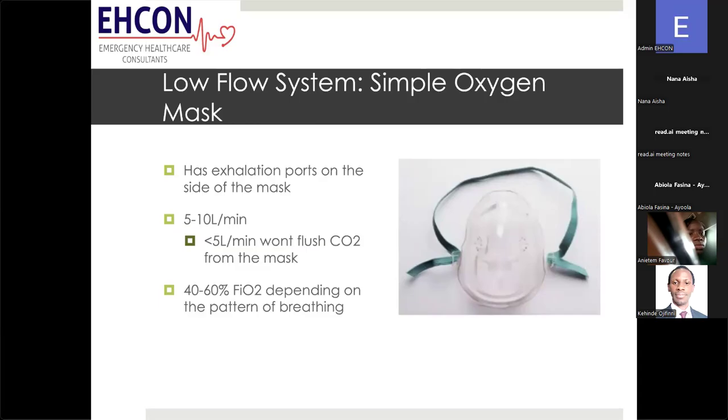Otherwise, you don't wash out the CO2 in the mask. And so the patient is basically just breathing and circulating CO2 instead of putting in new oxygen. Depending on how they breathe, you can give about 40 to 60% FiO2 using a mask. So this is going up from the nasal cannula system, where our maximum was about 44%.